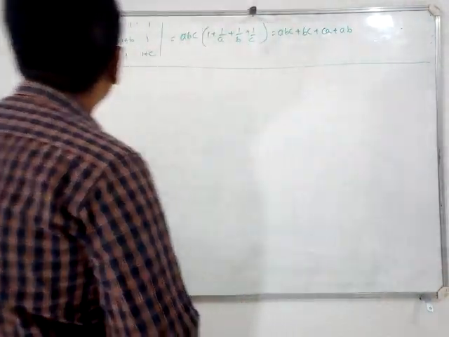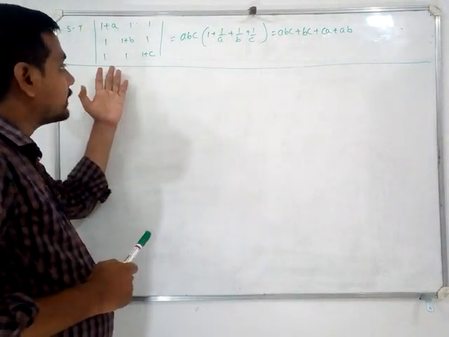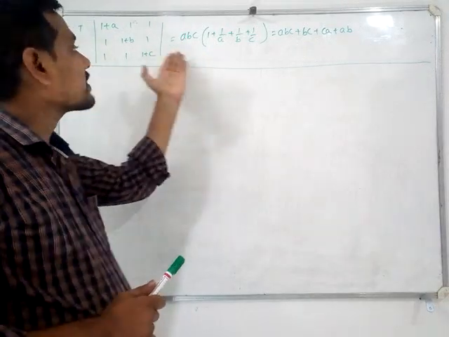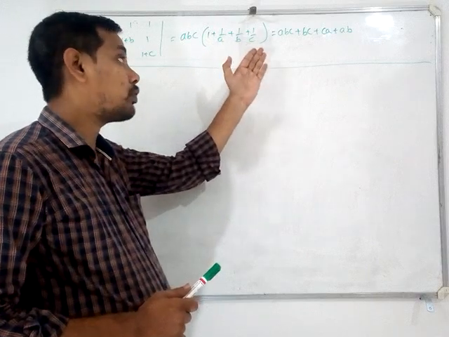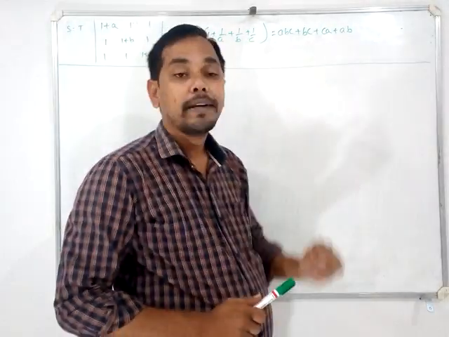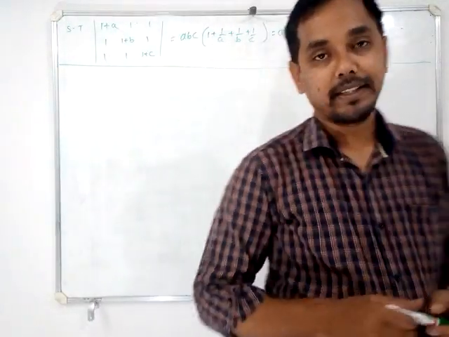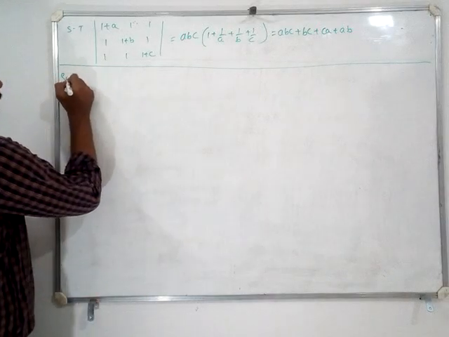Okay, so here they have given the 3 cross 3 determinant. We need to prove it as equal to ABC into 1 plus 1 upon A plus 1 upon B plus 1 upon C, and also as equal to ABC plus BC plus CA plus AB. So how to proceed with this? Let's see what we can do here.